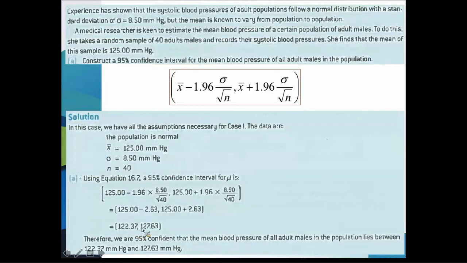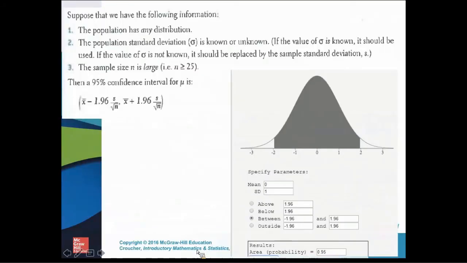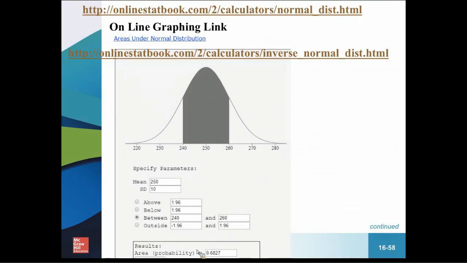I'd say I could be 95% confident that the population mean would be somewhere between 122.37 and 127.63.